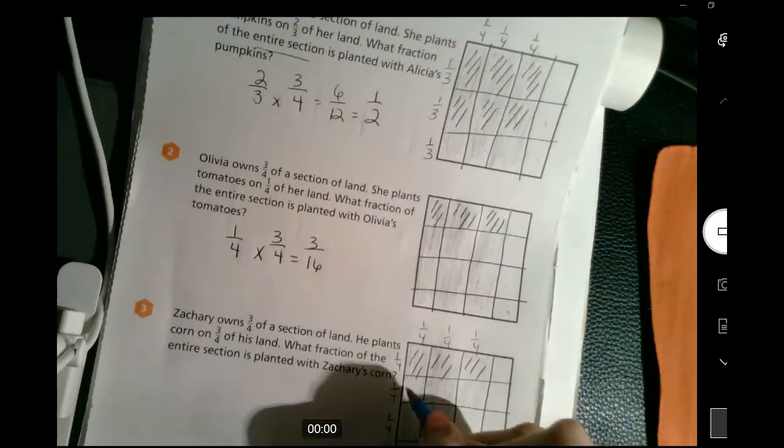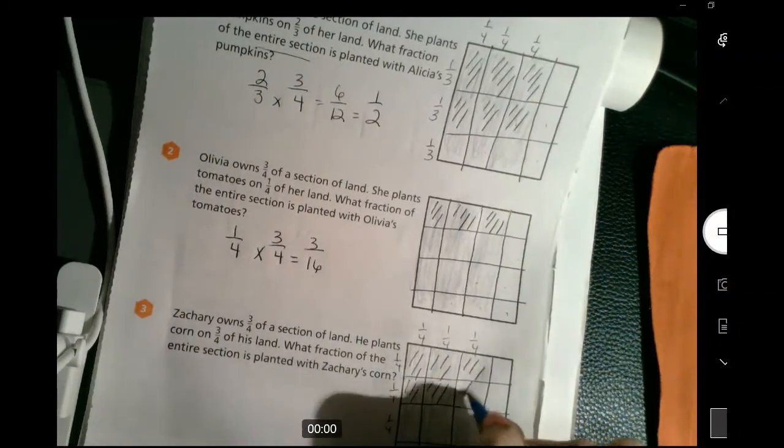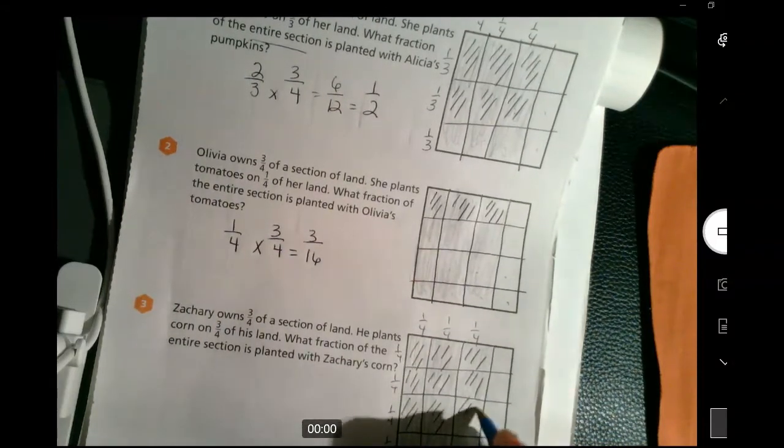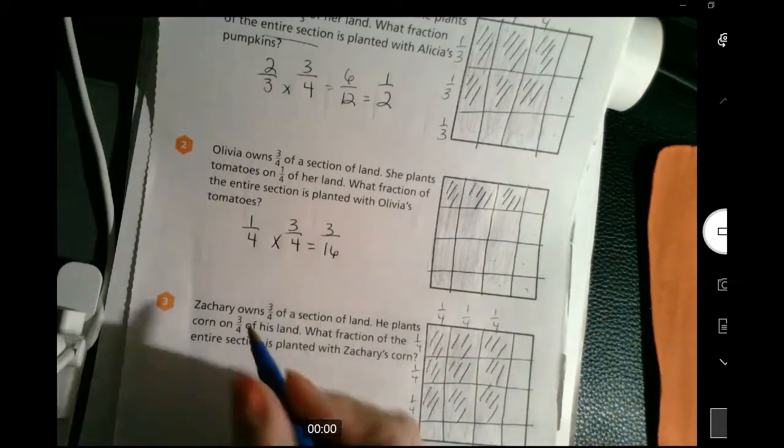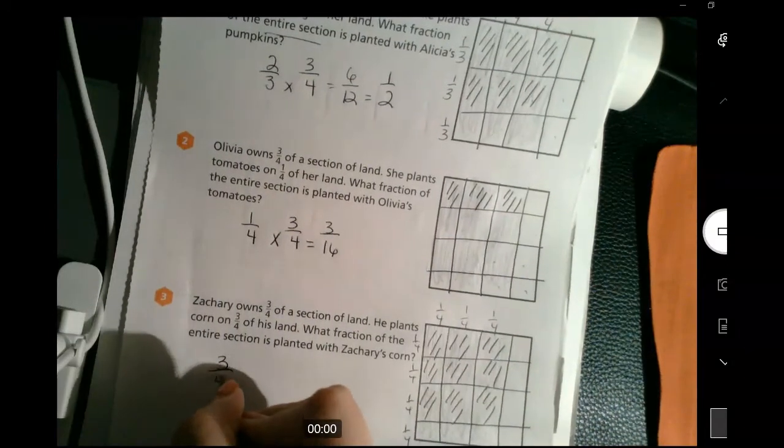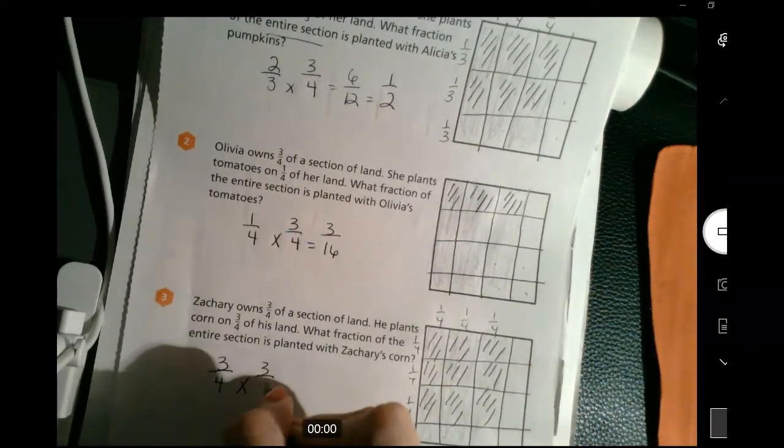That's 1/4, 2/4, and 3/4. Now let's go back to our equation. We're trying to find what is 3/4 of 3/4, and my answer should be 9/16. Let's see if our representation matches. 1, 2, 3, 4, 5, 6, 7, 8, 9. Yes.